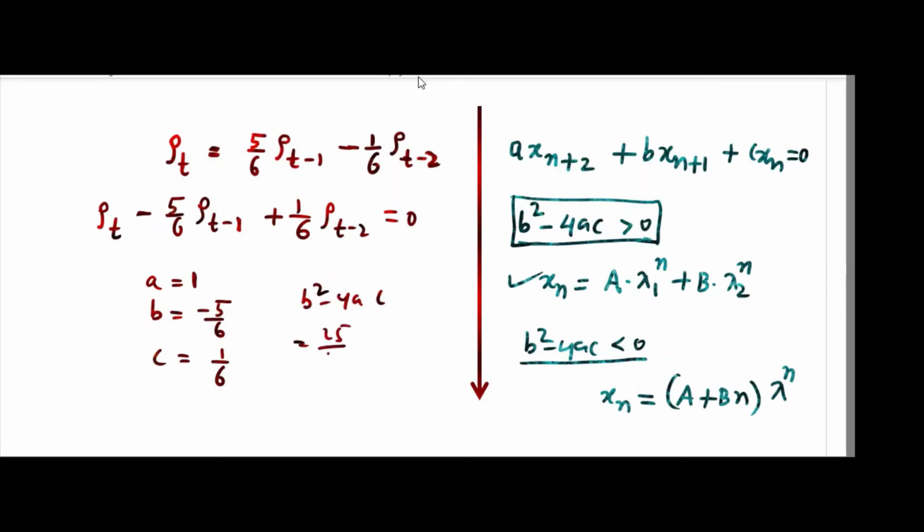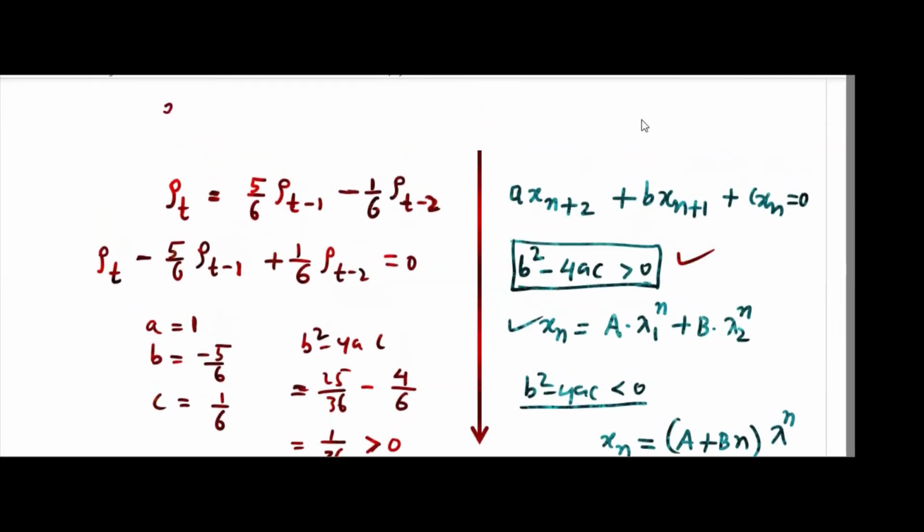B square will be 25 divided by 36, minus 4 times 1 upon 6. Okay, 25 divided by 36, this is 4AC. So you multiply by 6, 24 divided by 36, 1 divided by 36 you get. Even if we are not correct, this is positive anyway. I know this should be positive. So directly we can write using the formula the solution for this.